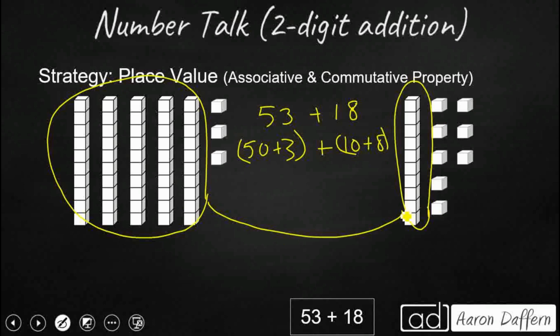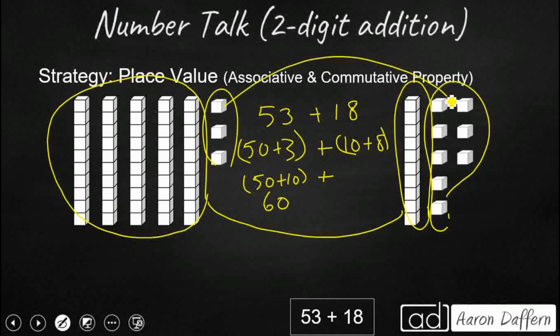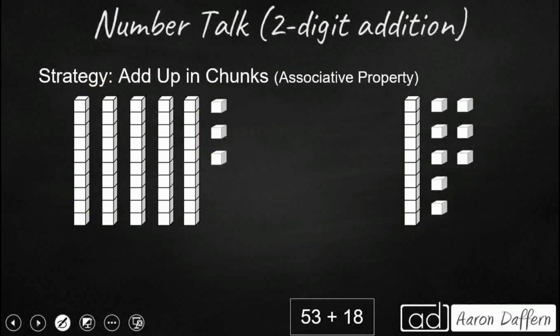So we're going to need our associative property and commutative property to reorder our problem. Let's do our 50 and our 10. That's going to be 60. Then we're going to take our 1s. That's what's left over, and let's bring those in second. So that's a 3 plus 8, and that's a pretty easy problem. Look at that, 60 plus 11. So 60 plus 11 gets us back to our 71.